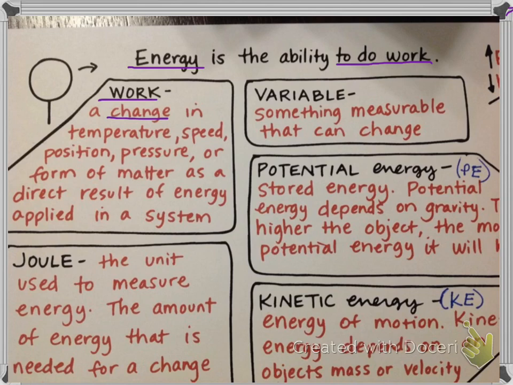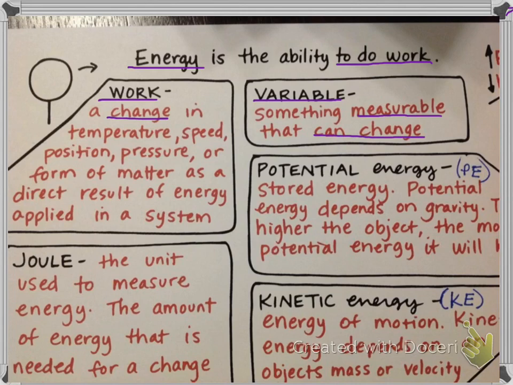So again, work is a change in a system because of temperature, speed, position, pressure. Variable. We talked about variables with our scientific method unit. A variable is something measurable that can change. So key: measurable, and it can change.